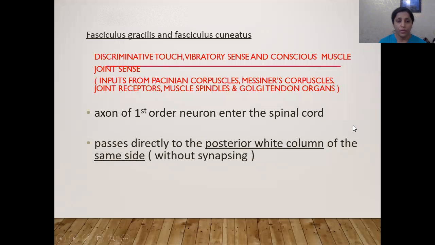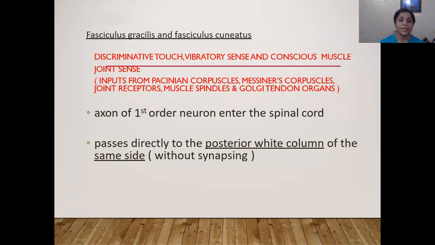Now we know that the discriminative touch, the vibratory sense, and the conscious muscle joint sensations all have their specific receptors. The receptors are the Golgi tendon organs, the Pacinian corpuscles, the Meissner's corpuscles, the muscle spindle, and the joint receptors.